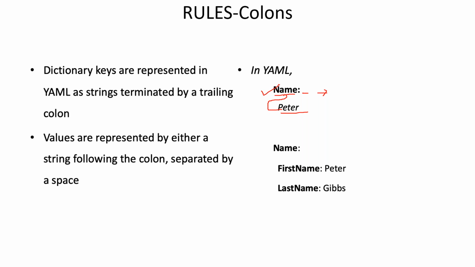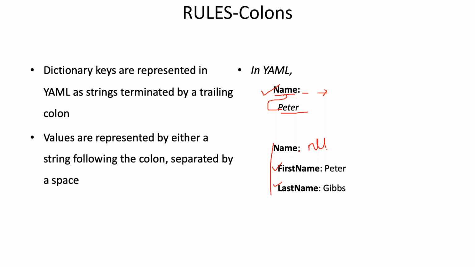It's done. But assume that I have an entry which needs for me to pick up two different values for the name itself, like the first name and the last name. So if I don't allow the space after the colon, what would happen?